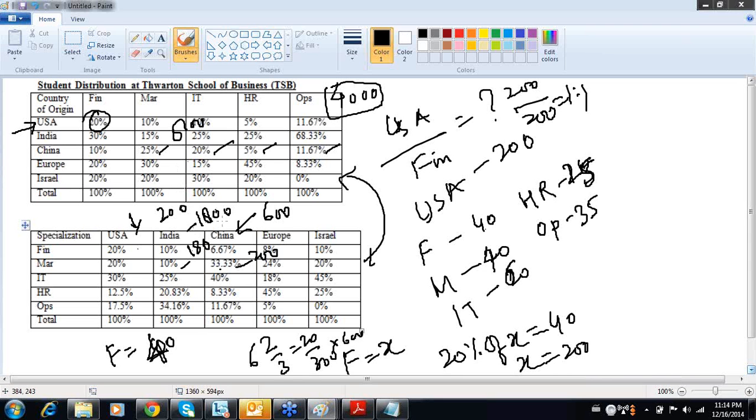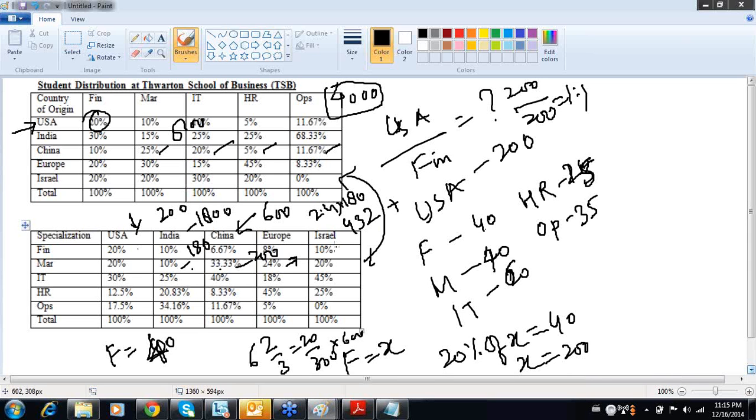So just calculate on this basis. If it is 180, then how much will this be? 10% is 180, so 24% will be 2.4 into 180. That means 18 into 24, 432.